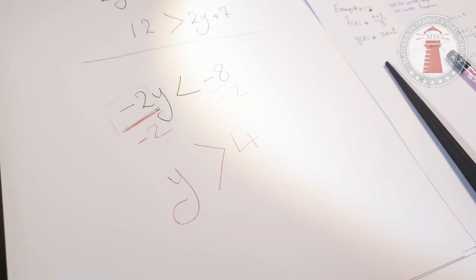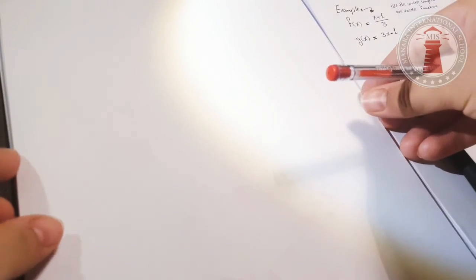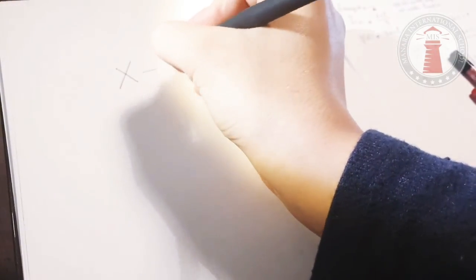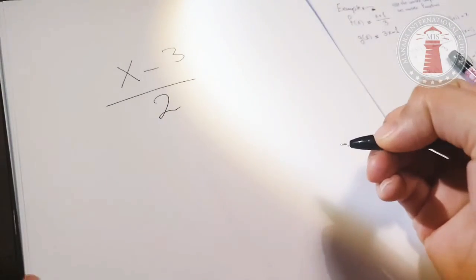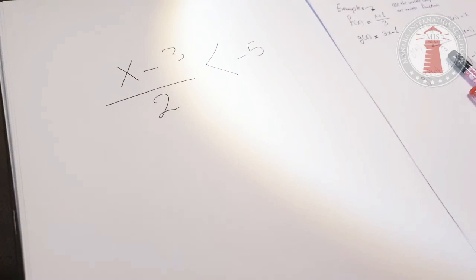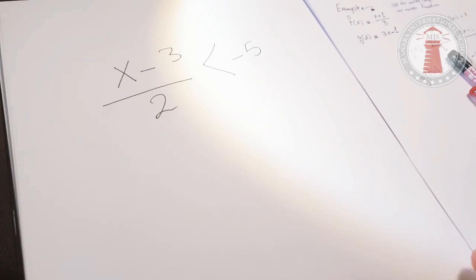Okay, let's have just a different example. Let's say that we have x minus 3 over 2 is less than negative 5. What is the first thing you would do if this was an equation? Always think this way, so it becomes easier for you.